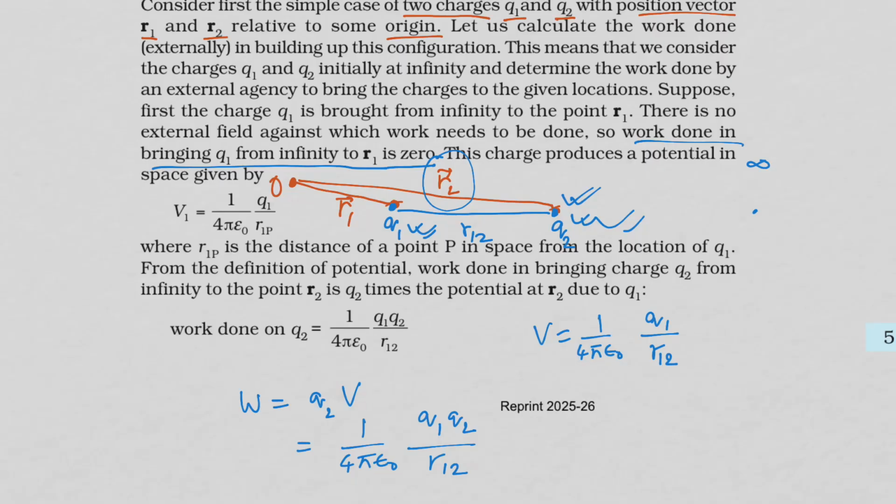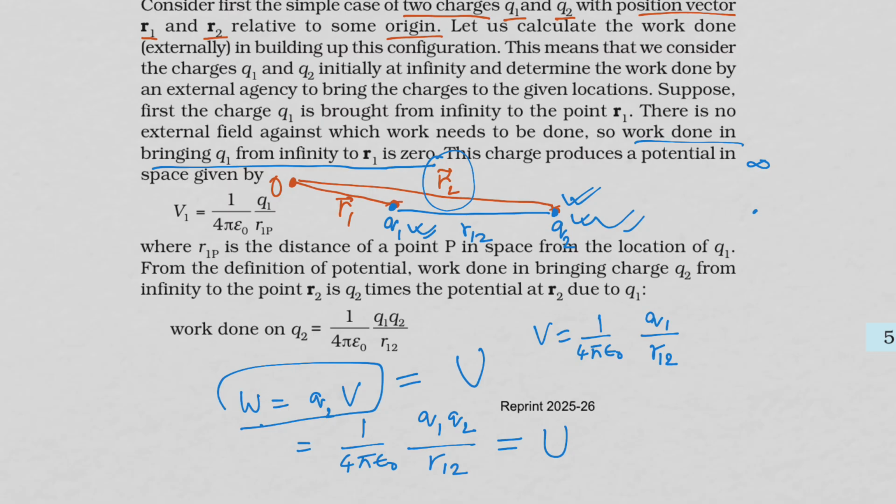As we know, electrostatic force is a conservative force, so all of this work done will be stored as the potential energy. So for a two-charge system, the potential energy is 1 upon 4 pi epsilon naught Q1 Q2 upon R12.